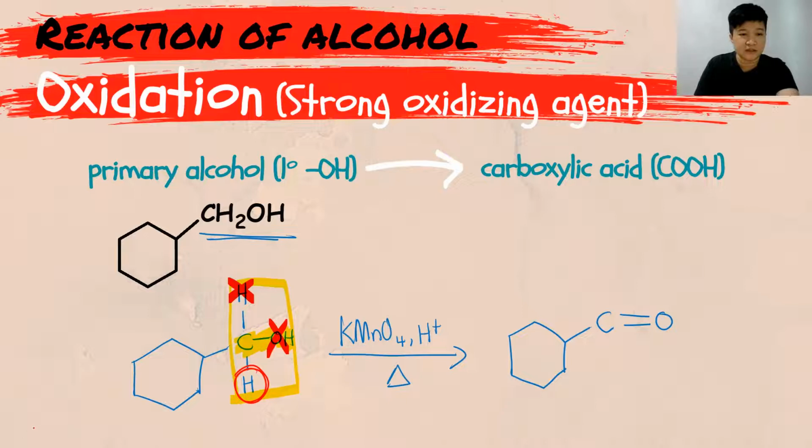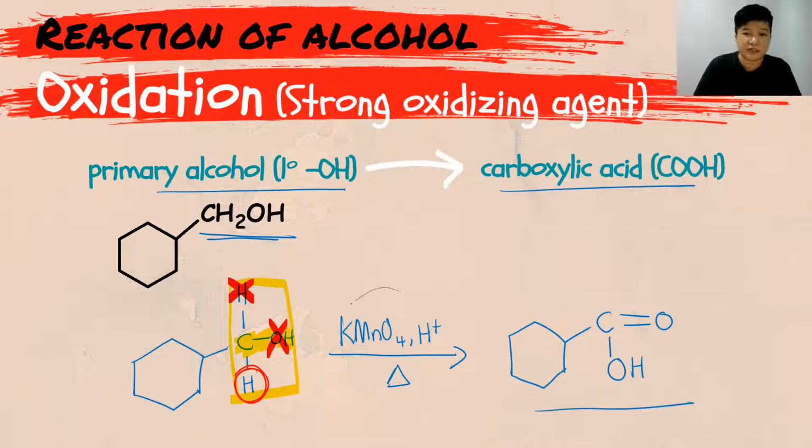The hydrogen will then become your OH. Oxidize means we give oxygen. Okay? And you can see over here, your primary alcohol again becomes your carboxylic acid when you are using your strong oxidizing agent. Simple, easy.